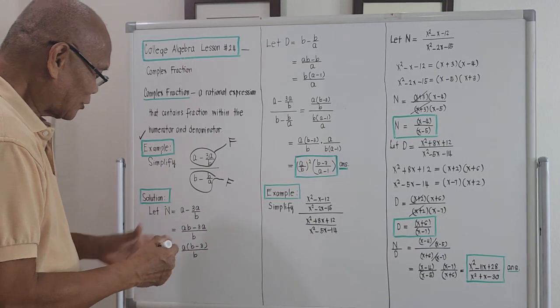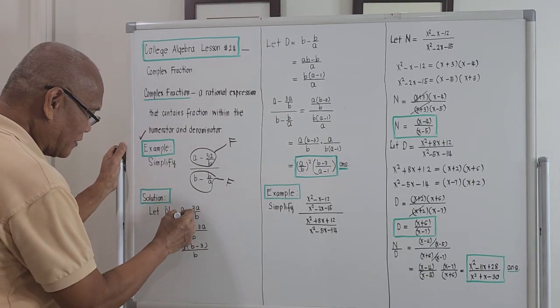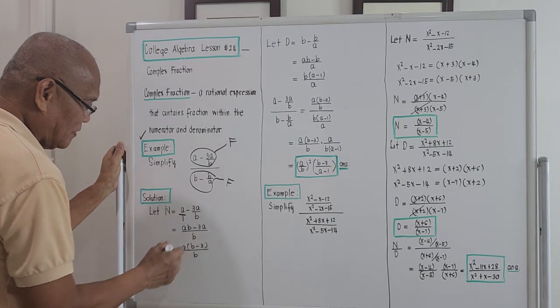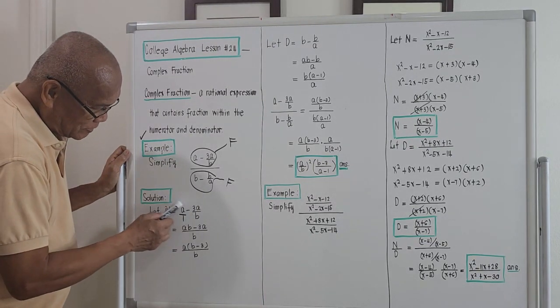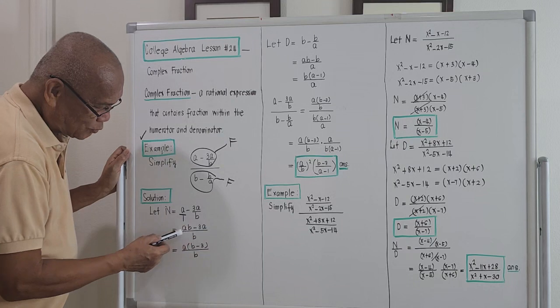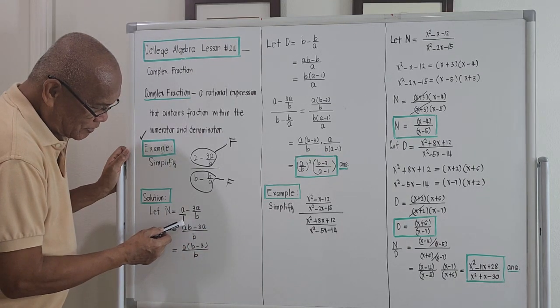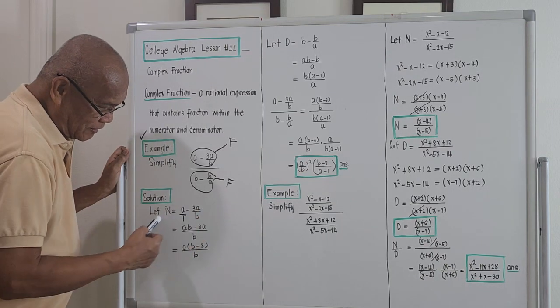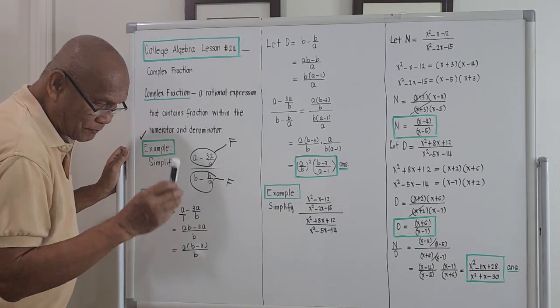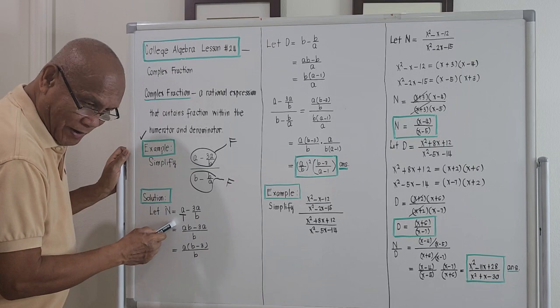A is actually A over 1. Take the product of this, that will be AB. Then the product of 1 times 3A, that will be 3A. And the common denominator will be the product of B times 1.